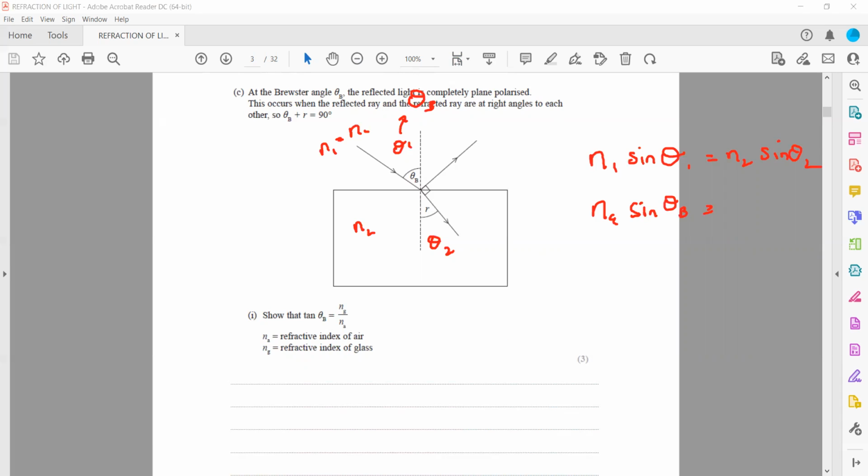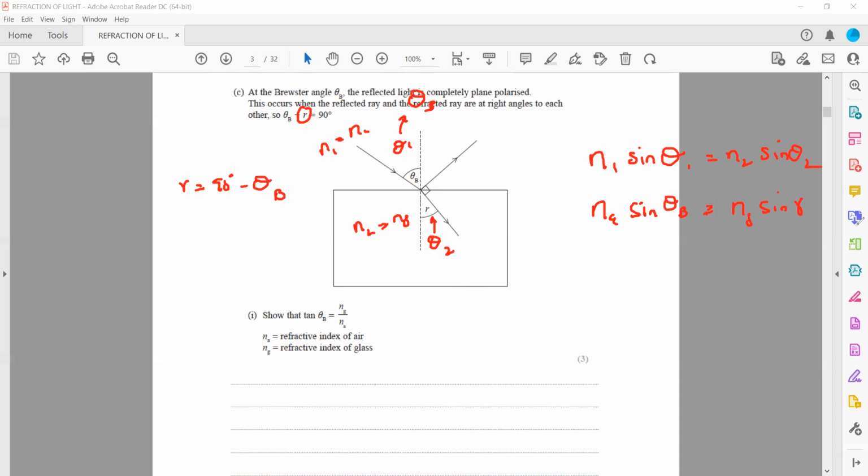Then the refractive index of medium 2 is the refractive index of glass, and sine of theta 2. Theta 2 is equal to r, so in place of theta 2, I can write r. And what is the value of r? r is equal to 90 minus theta b.